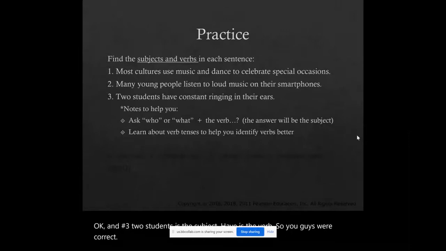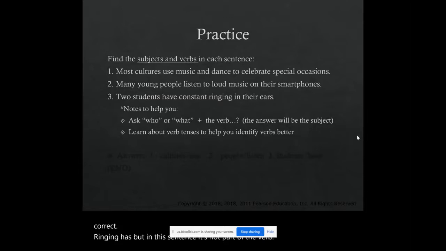Ringing has ing, but in this sentence, it's not part of the verb. So have is the conjugated verb. So here are my notes for you. When you're looking for subjects and verbs, ask who or what, and then put the verb. Like, who has constant ringing in their ears, right?